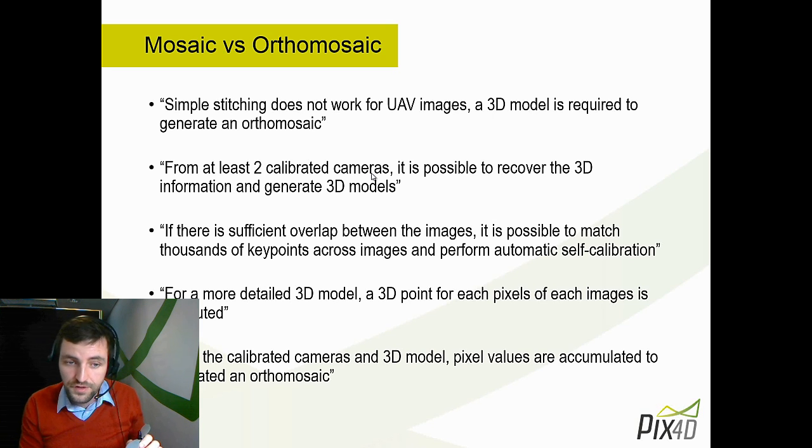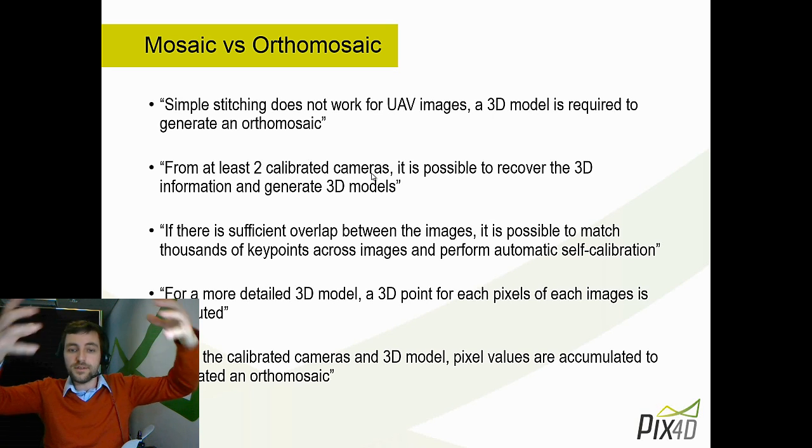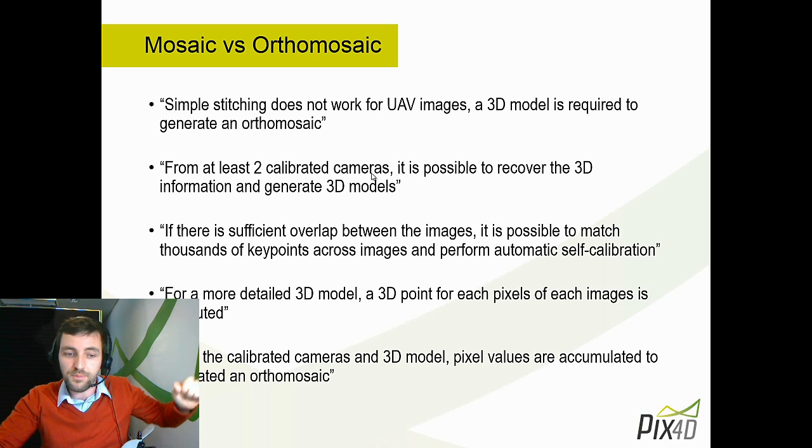However, the good news is that if you have sufficient overlap between the images, then it is possible to do some image correspondences between the images, something that we call key points and key points matching. And if you have enough key points to do key point matching, then there is a possibility to do automatic self-calibration, meaning that you can turn a set of cameras into a calibrated set of cameras, and from this calibrated set of cameras you can make a 3D model.